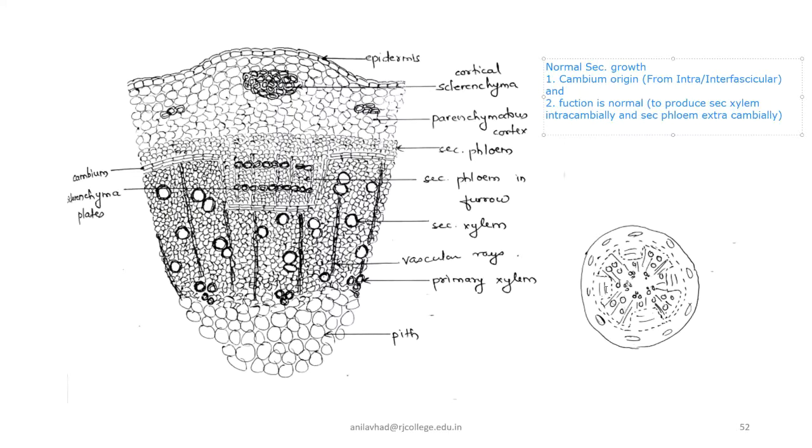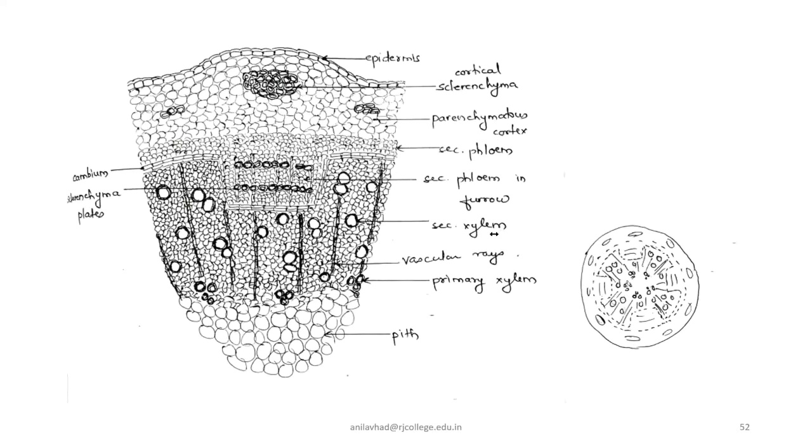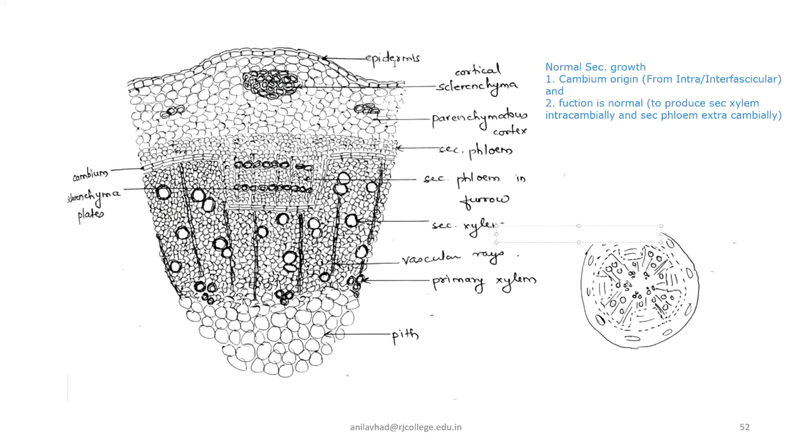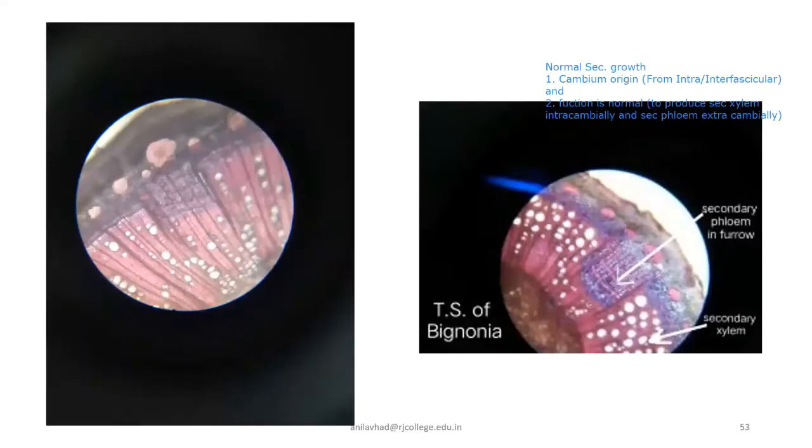This is a hand-drawn section. You can also observe a slide being prepared by using double stain. In this double staining technique, you can clearly make out the presence of two colors.